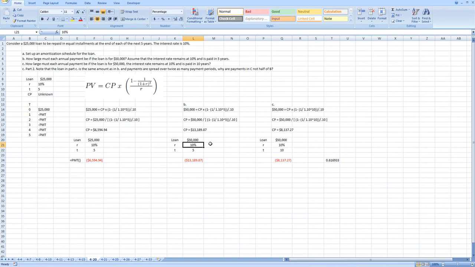Now, if R goes to 0, then it will be half. But as we start to impose a rate of return, we depart away from this 50%. So as we go back to 10%, we now see that even though the time period doubles, the payment is not half as much.